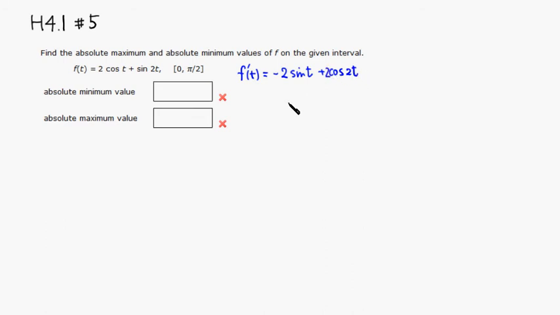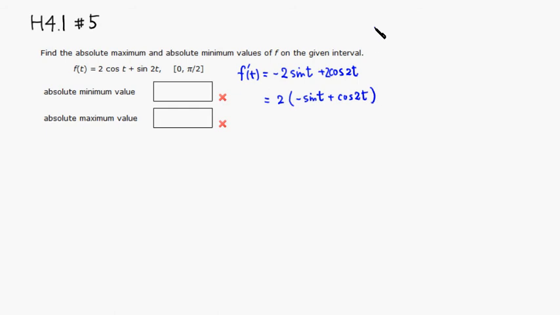Then we have this here. It looks like we can factor 2 out, so 2 times minus sine of t plus cosine of 2t.